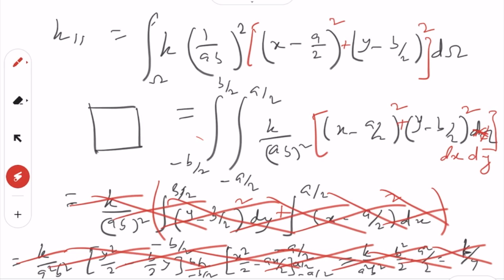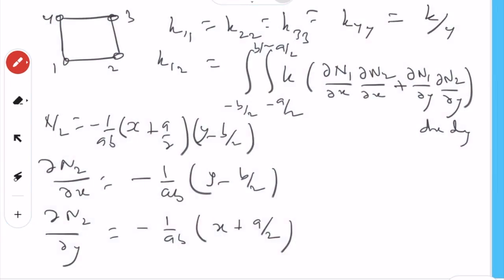So k11 has this path, and from there we go ahead. k over a b square.